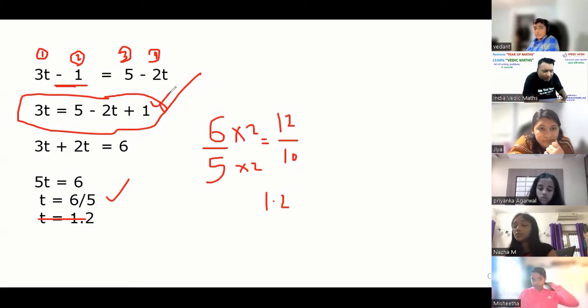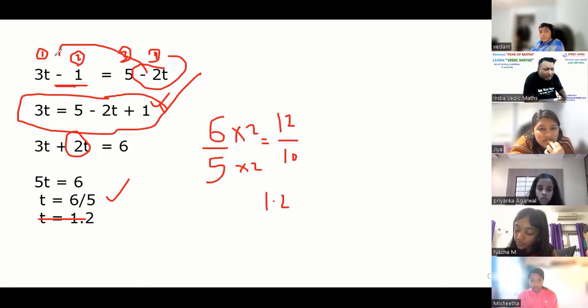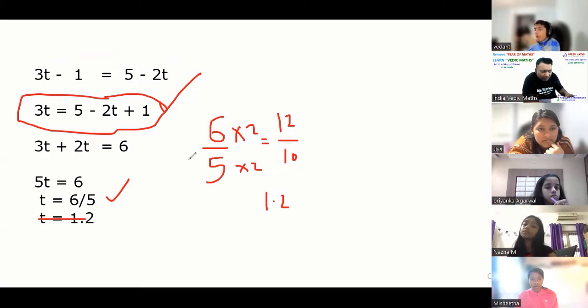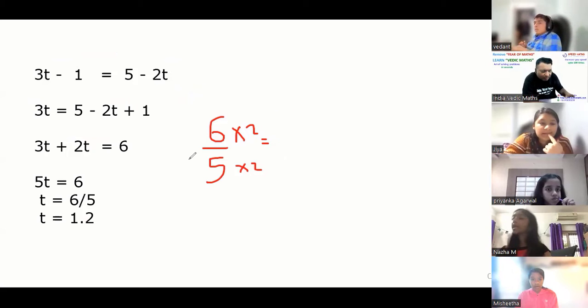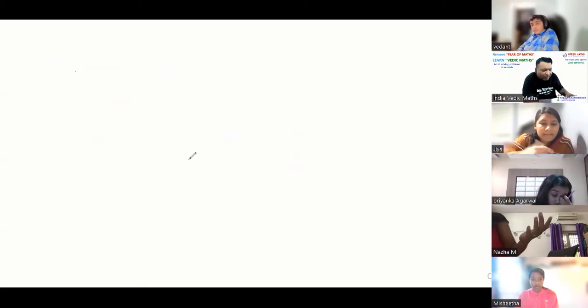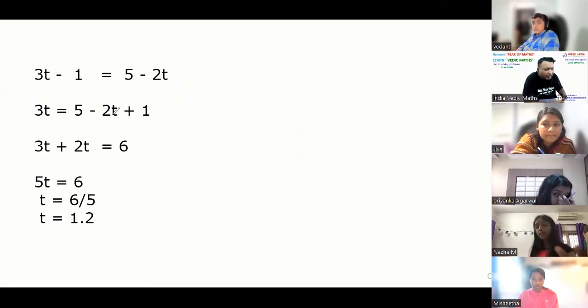Negative one will become positive one, no problem. This negative 2t is the variable. It will come here, right? Oh, okay. This should come here, and this should come here, right? Yeah, that's what I'm saying. That's what I did. Okay, I want to clear your confusion.